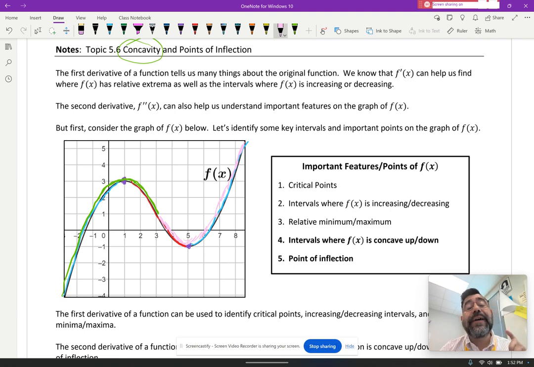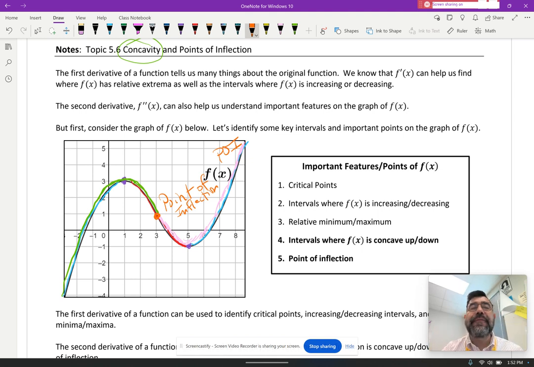Because whenever the graph changes concavity, then I have what's called a point of inflection, or an inflection point. I call it the point of inflection because it's easier to abbreviate, but a lot of people call it the inflection point.